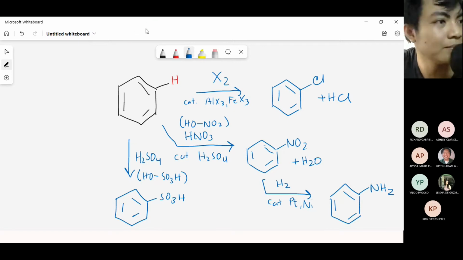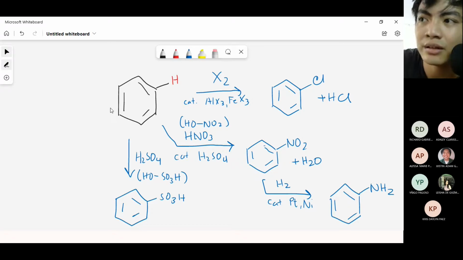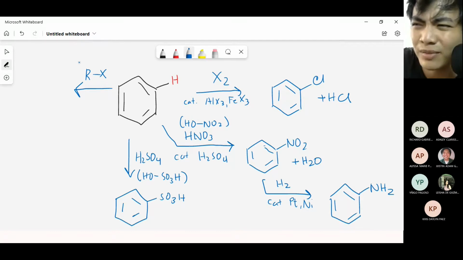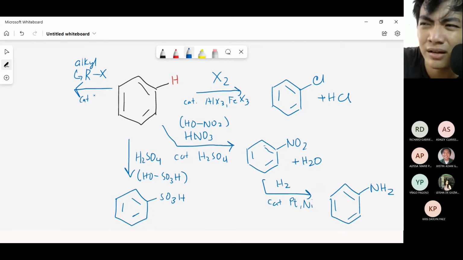Ano pa? The alkylation. Okay? The alkylation here, dito na lang. Kasya pa naman ata. Alkylation, RX. Yung R, any carbon chain yan. Alkyl group yan. And of course, the catalyst will be AlX3 or FeCl3 pa rin.